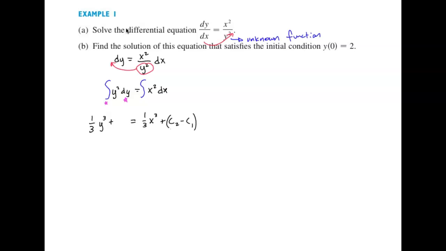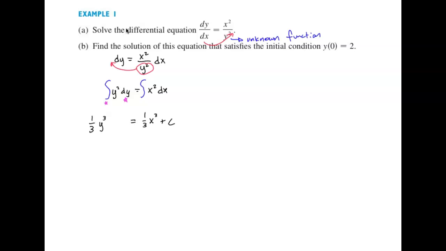So can I just call C2 minus C1 just an overall C? And so my point in doing all that is, yes, anytime you take a general antiderivative of an indefinite integral, you need plus a constant. But when you're using separation of variables and you're integrating on both sides, you only need to add plus C to one of the sides, and that will account for both of them. Does that make sense? So I just need to add plus C to one side.